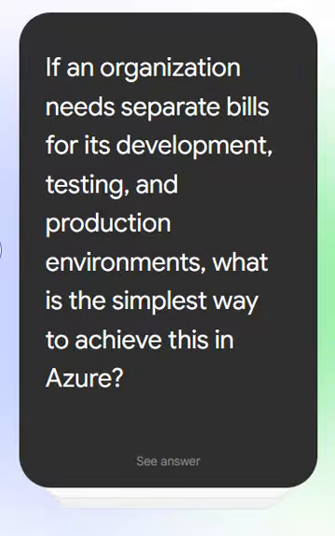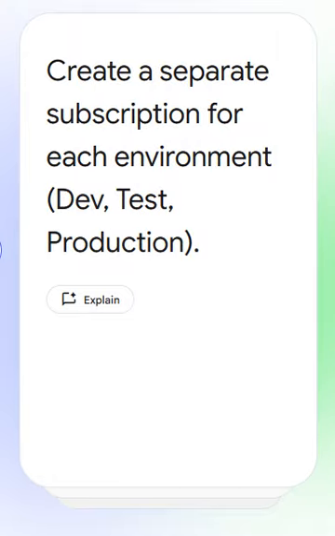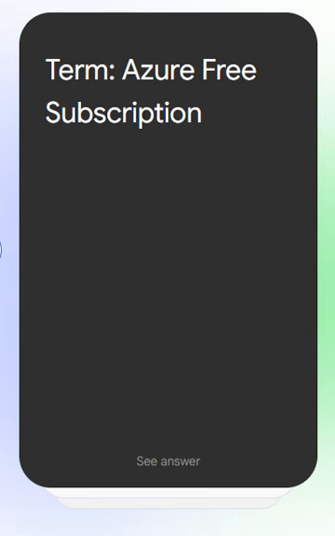If an organization needs separate builds for its development, testing, and production environments, what is the simplest way to achieve this in Azure? Create a separate subscription for each environment: dev, test, production. Term: Azure free subscription.